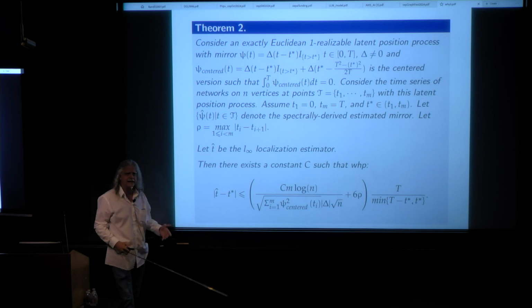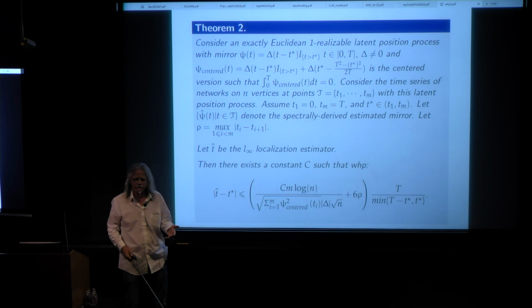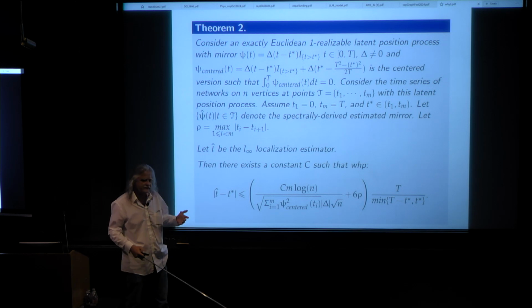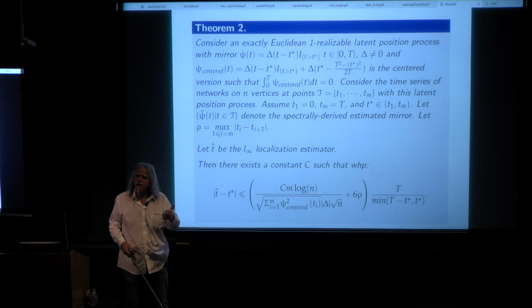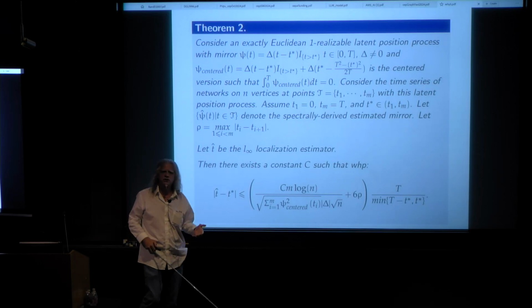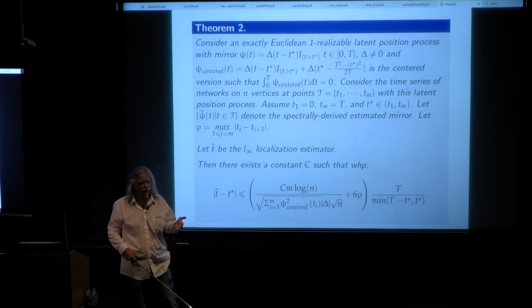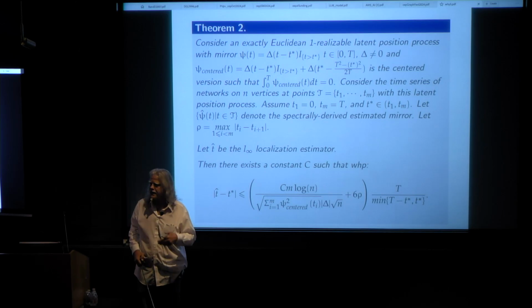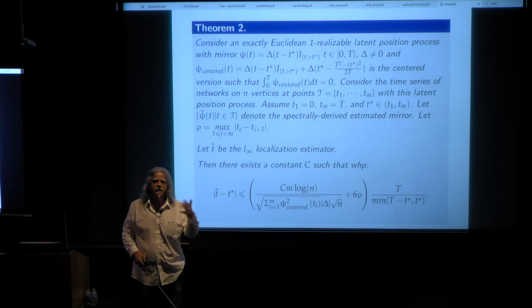So the idea, and it's only an idea here in the papers, is that as the number of vertices goes to infinity, I should be getting better estimates of my mirror and of the structure, in this case the change point, and the relationship to the number of graphs in my time series is more complicated, and we talk about it a lot.